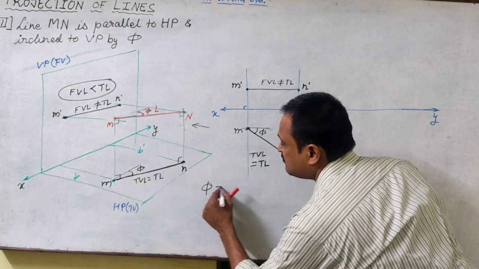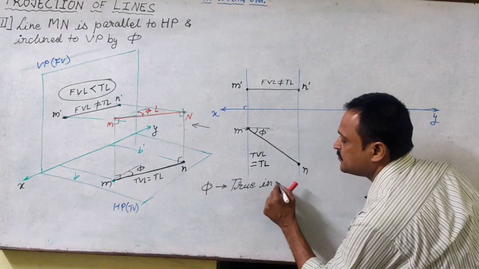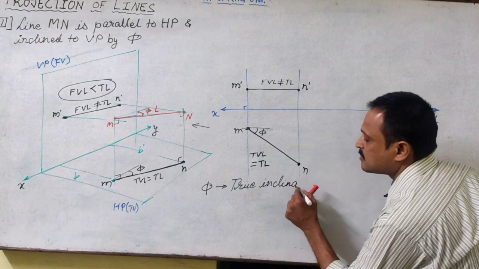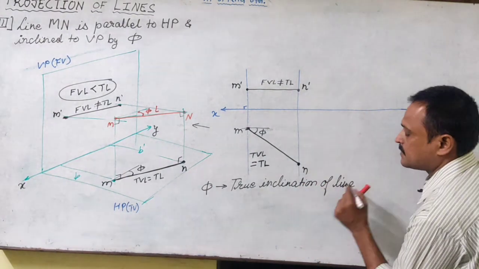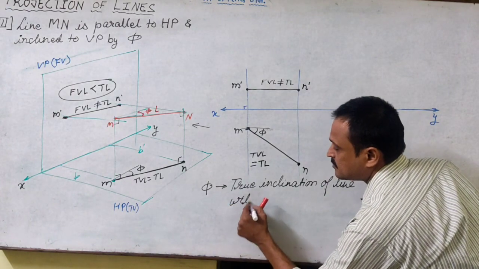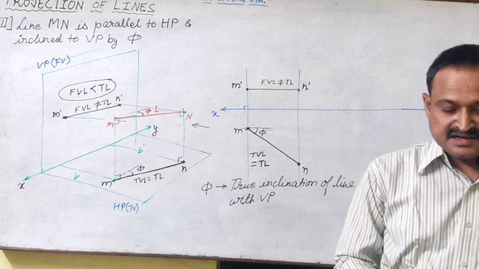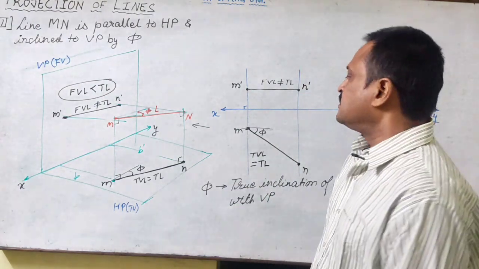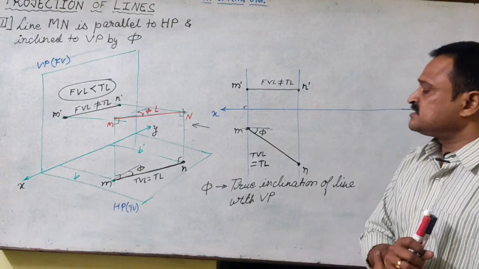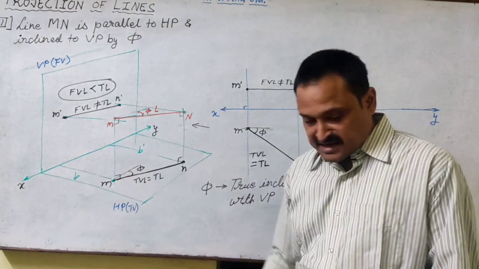Phi is the name given to the true inclination of the line with VP or the vertical plane. This is the name given, the nomenclature in graphics we are using. Right? So what we get here? These are the three conditions we have seen.